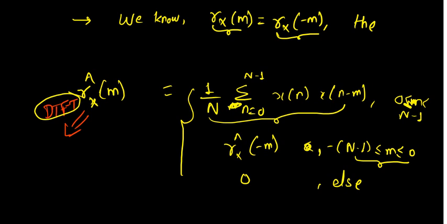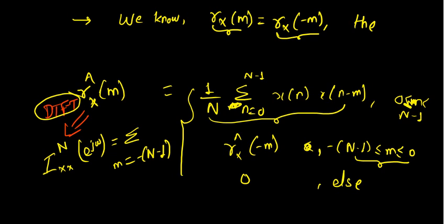So taking the DTFT, we obtained the estimate, and let's say it is denoted by Ixx of e power j omega. And this is the estimate of what? It is just the DTFT. So as per the definition of DTFT, I can write something like this: summation from minus n minus 1 to n minus 1 of Rx hat of m e power minus j omega m.